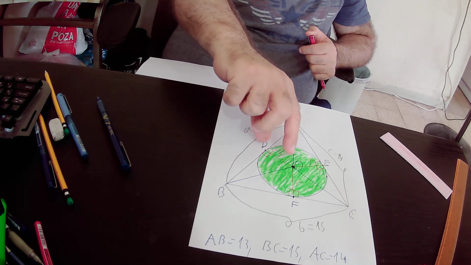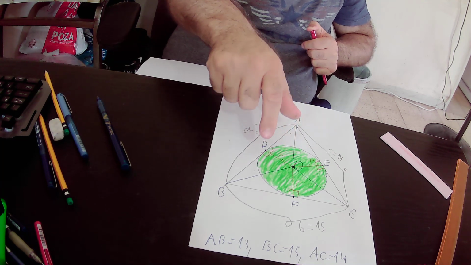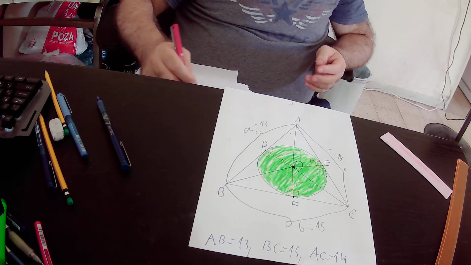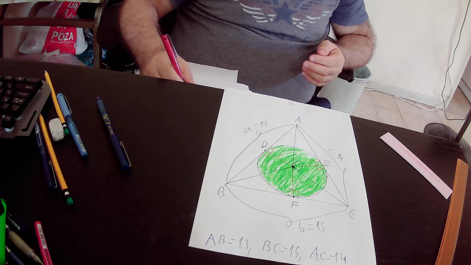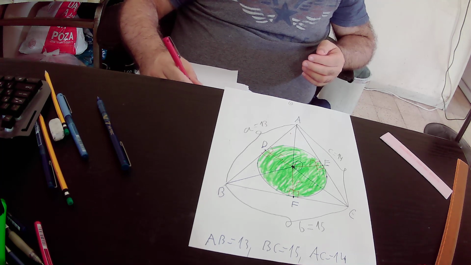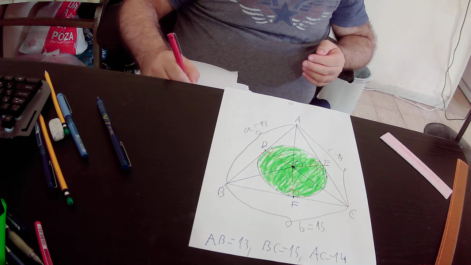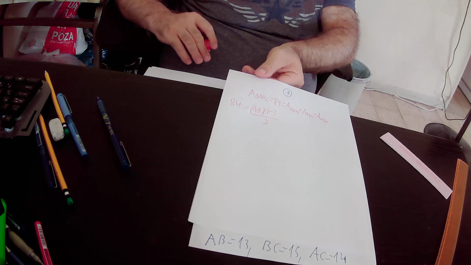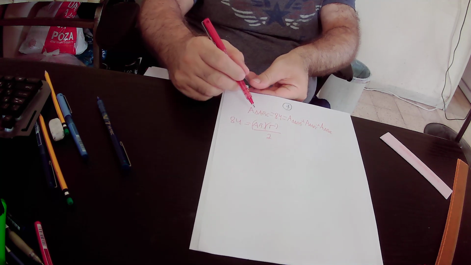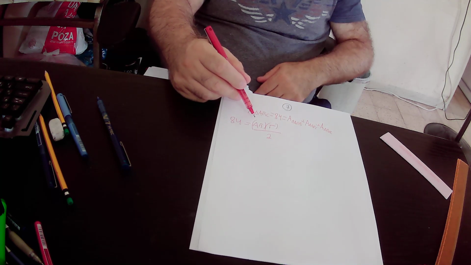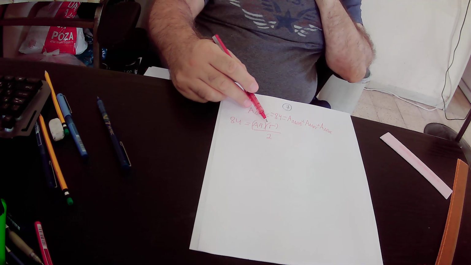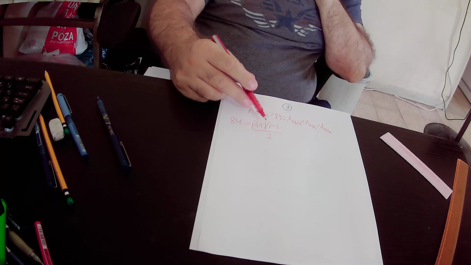Therefore, the radius of the green circle is the height of triangle AOB. So the area of triangle AOB equals the base AB times the height to the base, that is the radius of the green circle, over 2.